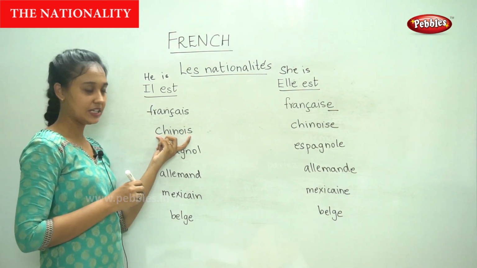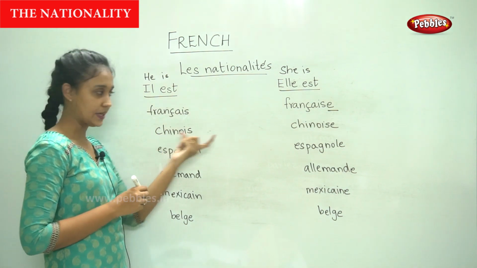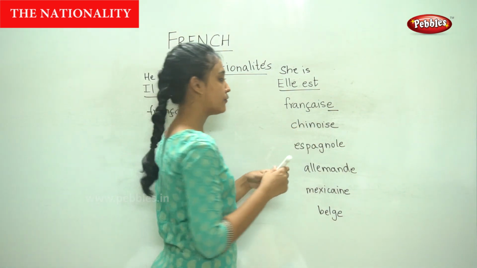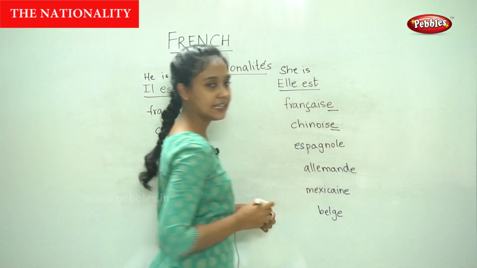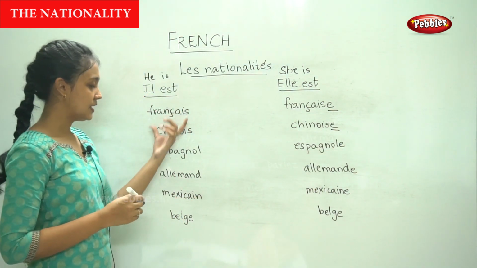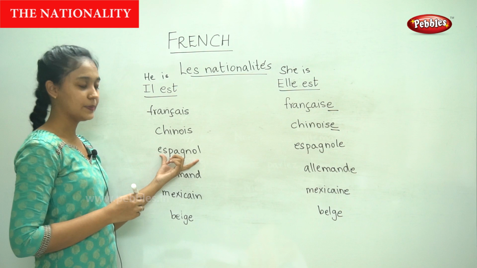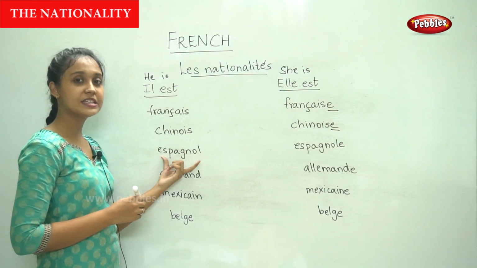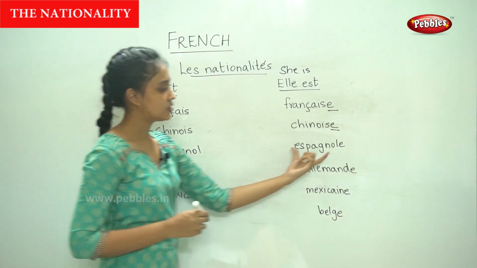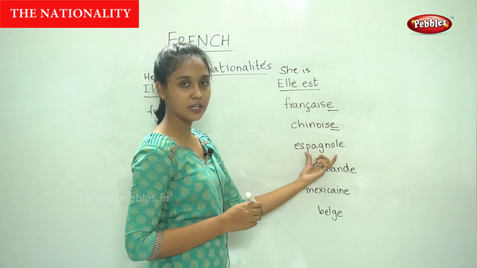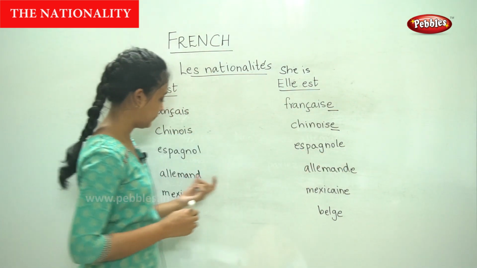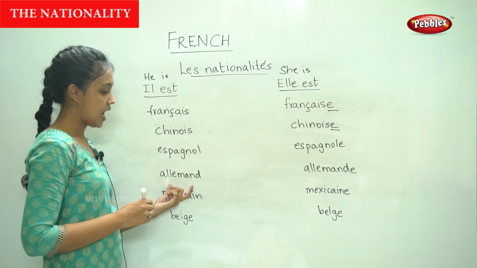So for the masculine it is spelled this way, and for the feminine form we add an E. So similarly, espagnol, it means Spanish, from Spain. Similar to that, for the feminine form we add E. Allemand.